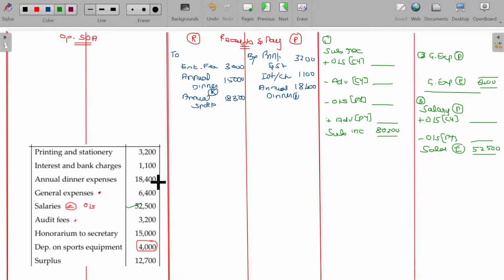52,500. Audit fee, we have been given the adjustment, adjustment number 3. I'll work out that later on. Audit fee expenses being 3,200. I will calculate the other thing later on.